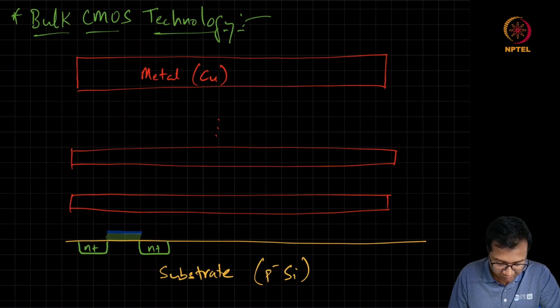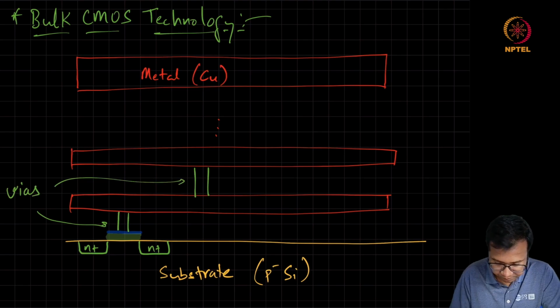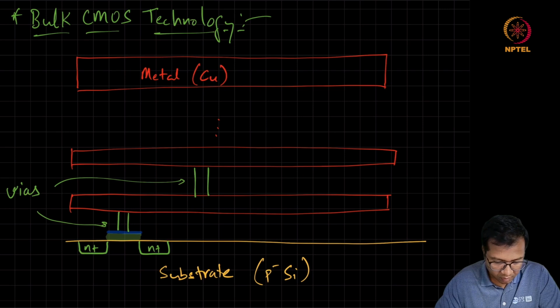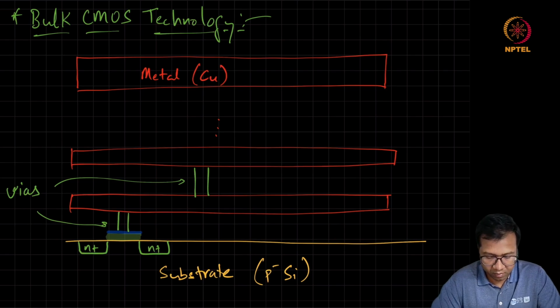If there is a requirement for interconnection, it can be done with the help of these metals. These metals can form contact with each other with the help of metal to metal contacts called vias. And all the space between these metals is filled with an insulator, and in a CMOS process, the insulator is silicon dioxide.